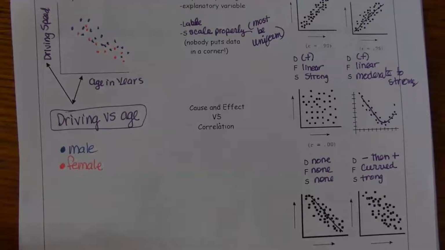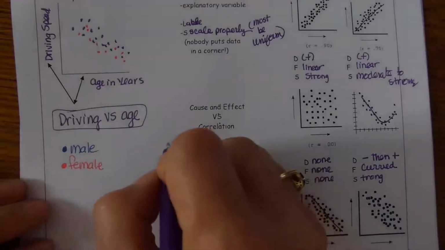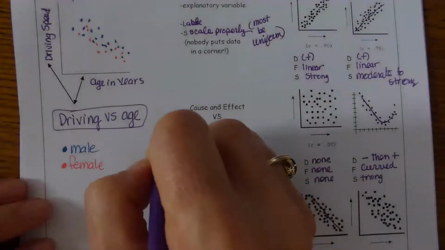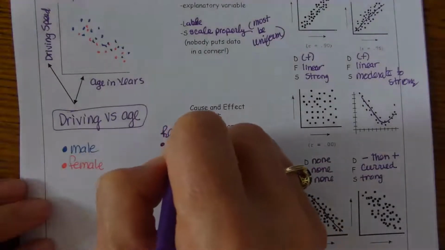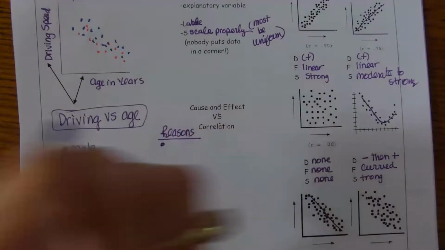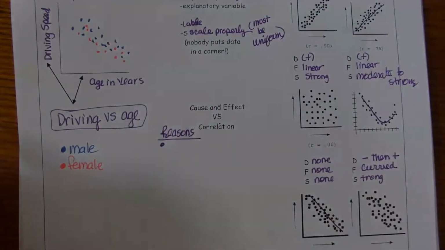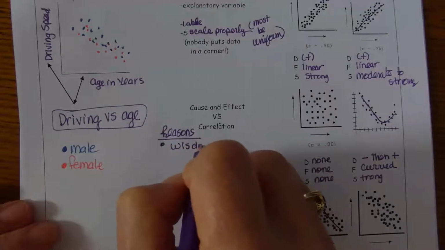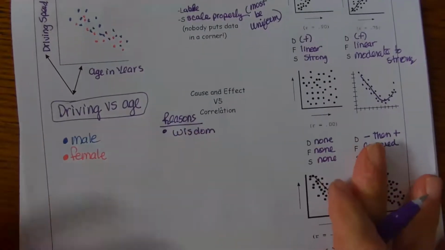It's not age. Why would I drive more slowly? Why do you think your parents drive more slowly than you do? They have what? More experience. How about wisdom? Right?